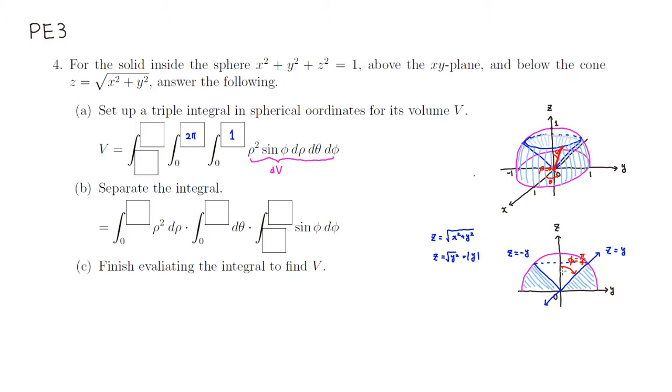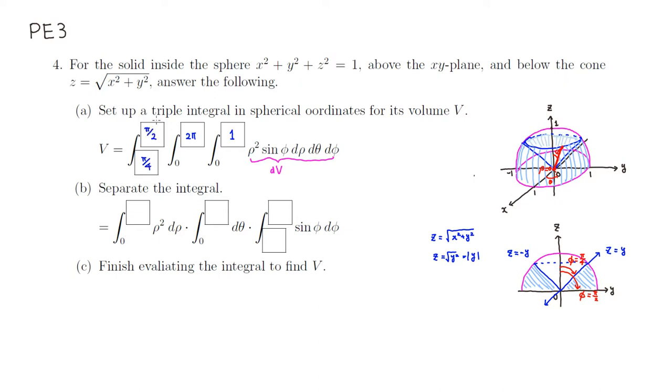If you go all the way to the y-axis, phi is pi over 2, because that's 90 degrees. So phi starts at pi over 4 and goes up to pi over 2.